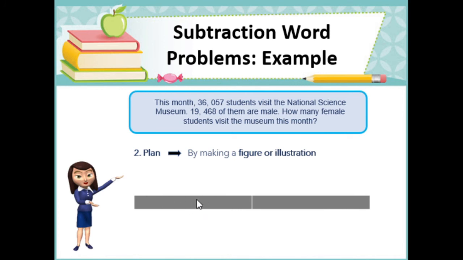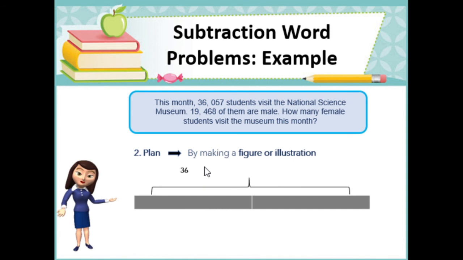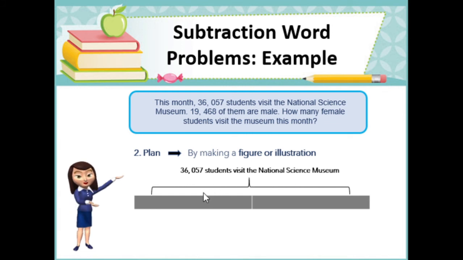The first column would be for our male students and the other column will be for the female students. So in total, it's basically the number of students who visited the National Science Museum. So it's 36,057 students. Male, we have 19,468. And female students, we don't know.